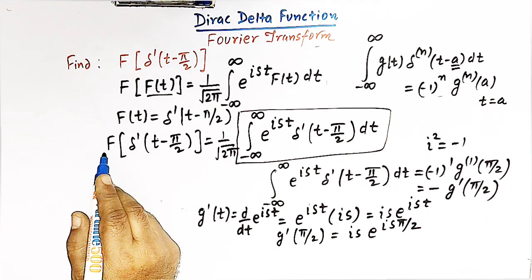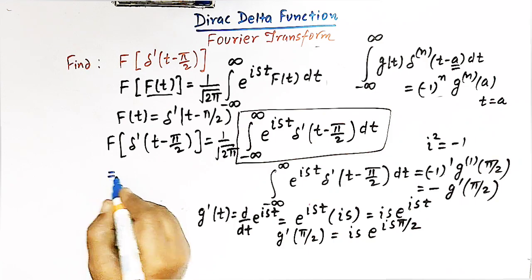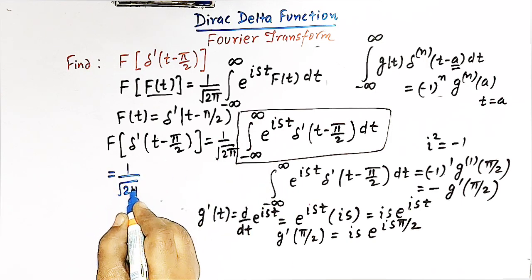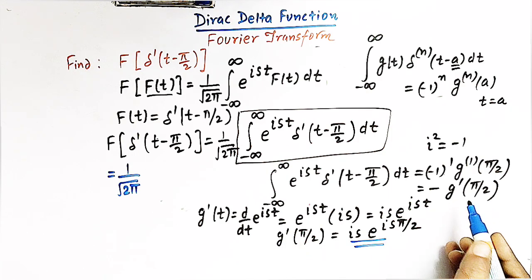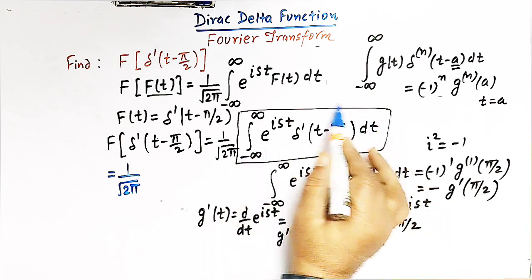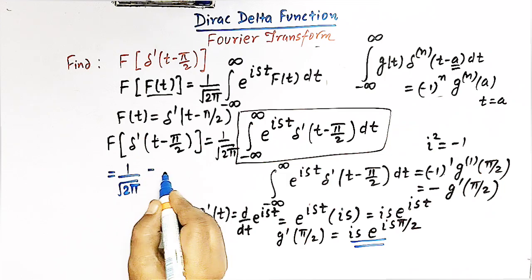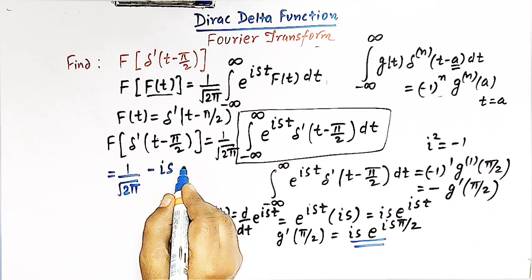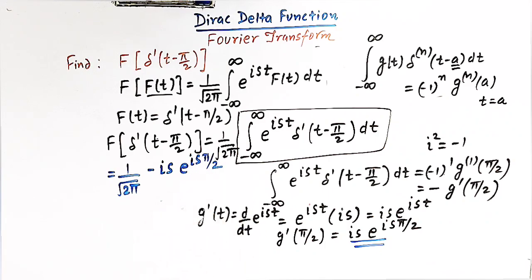Now the Fourier transform of delta prime of t minus pi by 2 is given by 1 over square root of 2 pi, and the value of g prime of pi by 2 is given by this expression. So this integral is now equal to a negative sign, and then i s e raised to i s pi by 2.